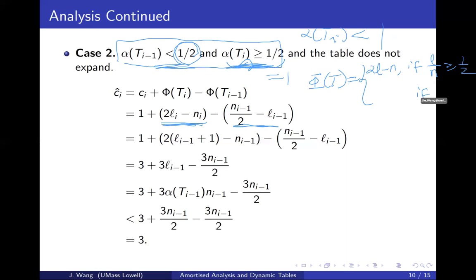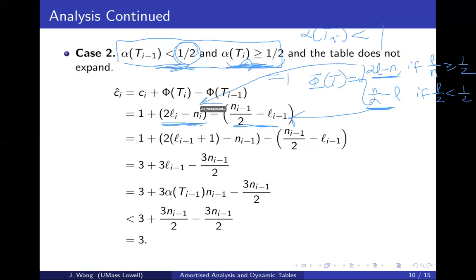Otherwise, we're going to use N over 2 minus L. So less than 1/2, we're going to use this for that, and greater than or equal to 1/2, we're going to use this for that.